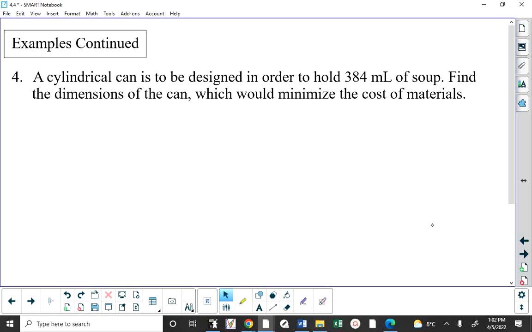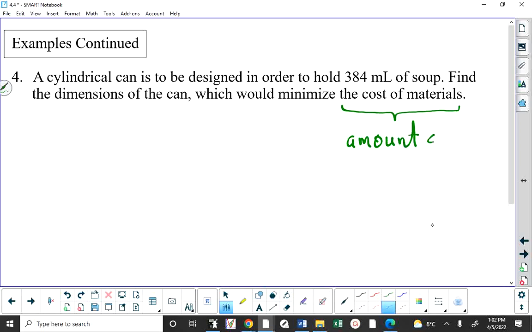So the first thing I want to point out to you is you minimize the cost by minimizing the materials, right? So the less material you need, the less expensive it is. And what this really then is representative of is the area, the surface area.